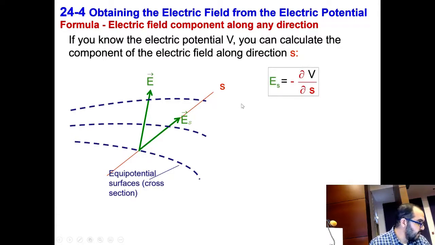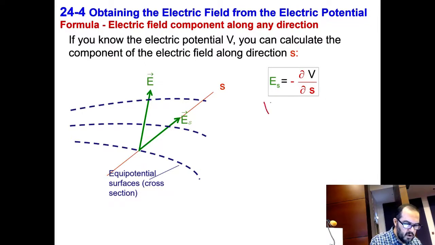It's minus the partial derivative of the potential, if we have an equation for the potential due to this electric field. Remember, a charge or a charge distribution creates an electric field and also creates a potential. So I can just take the partial derivative of that potential with respect to this direction S. This is a general equation.